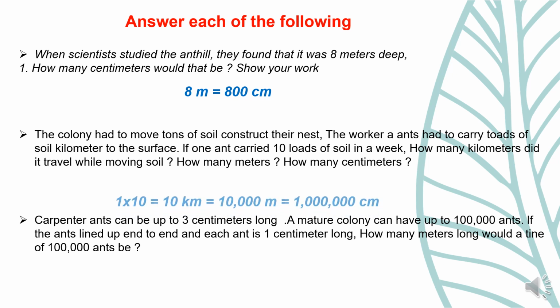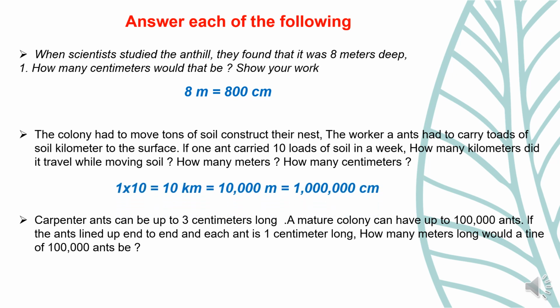That means 1 times 10 equals 10 kilometers. We convert 10 kilometers into meters by adding 3 zeros, which equals 10,000 meters, and from meters to centimeters another 2 zeros, so we have 10,000 and adding another 2 zeros, which is 1,000,000 centimeters.